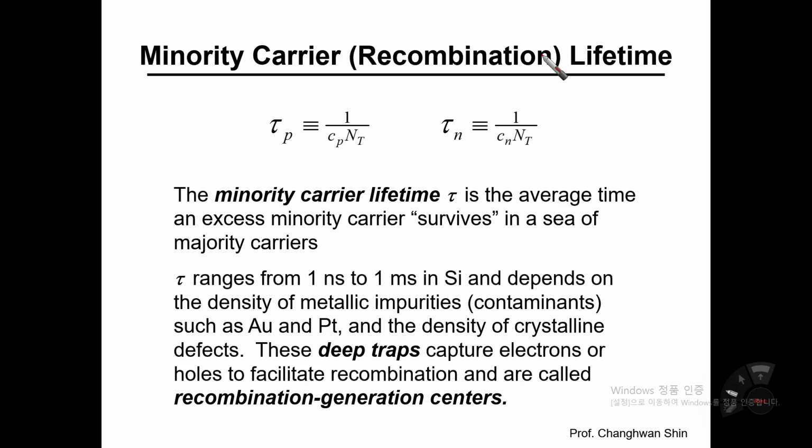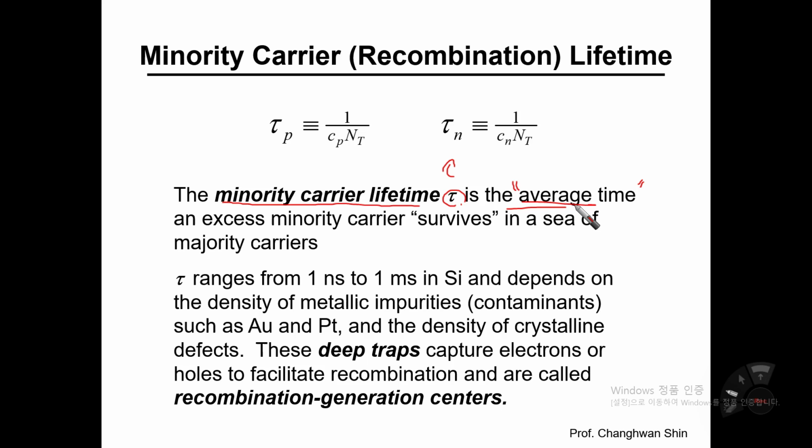Now in this slide, let me briefly introduce the concept of lifetime. Although I have already explained the concept of lifetime, let's briefly talk about some more contents of the minority carrier lifetime. Here, the minority carrier lifetime, denoted as tau, is defined as an average time. Why average?